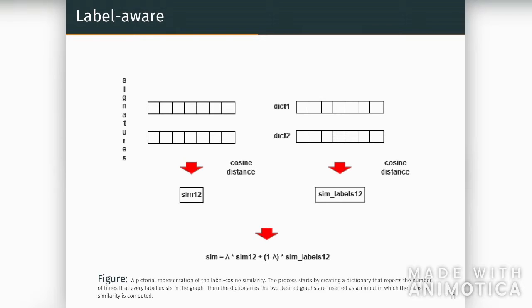Finally, the outputs are combined using a lambda. Depending on the availability of the data, the value of lambda is different. For instance, if only the node labels are provided, the value of lambda is 0.6. In any case, higher weight is assigned to the result computed between the two signatures.